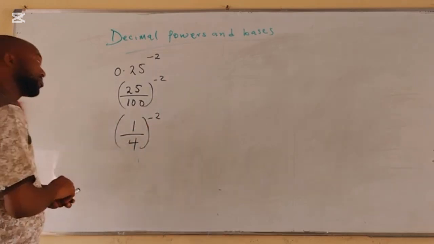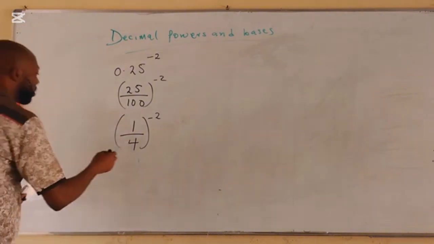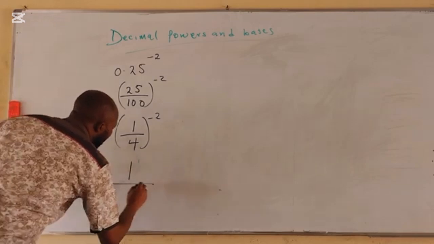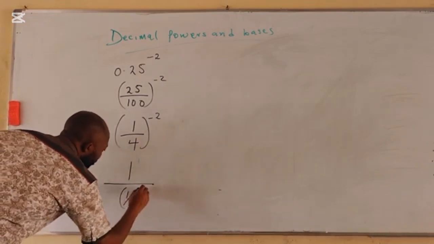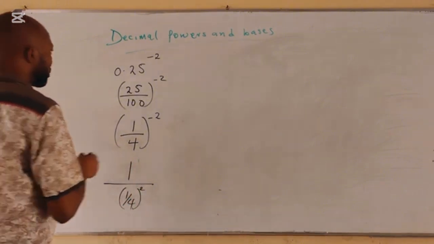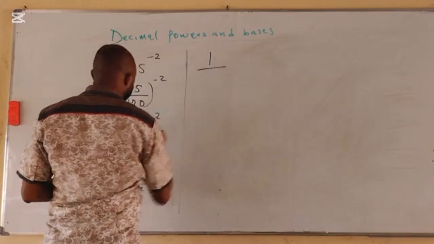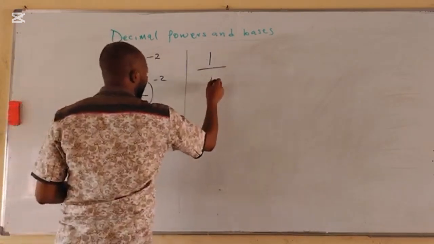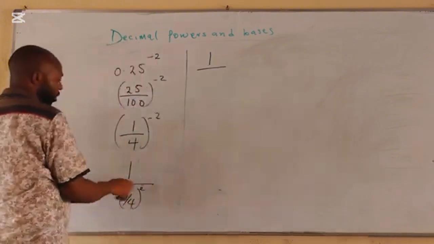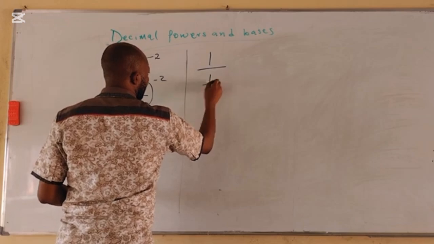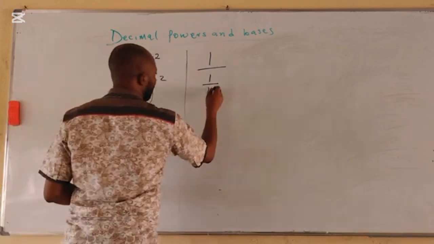Now, this minus means I can take it to a negative index, so this becomes the reciprocal raised to the power of 2. 1 raised to the power 2 is 1, and 4 raised to the power 2 is 16.